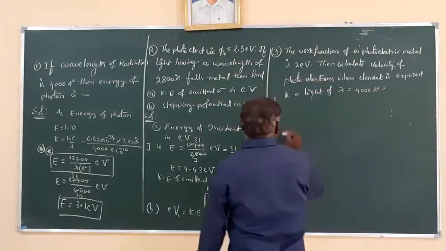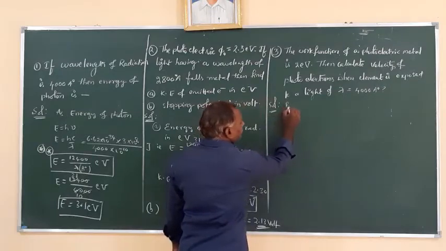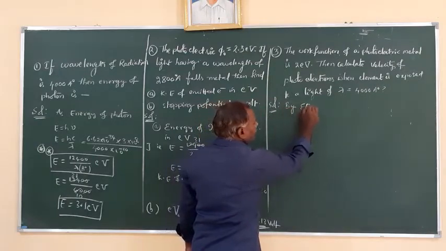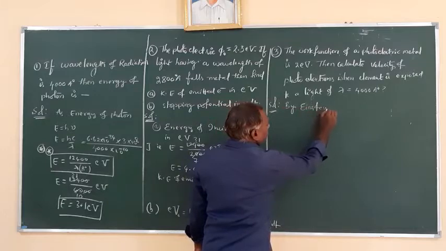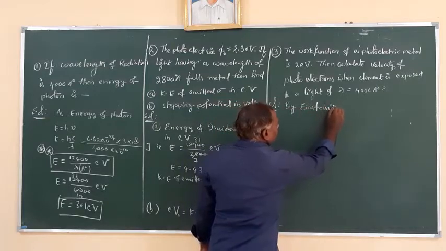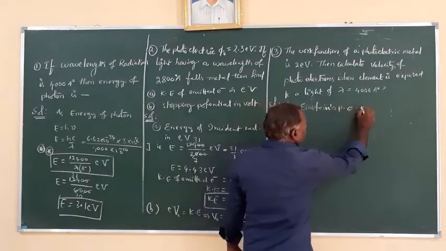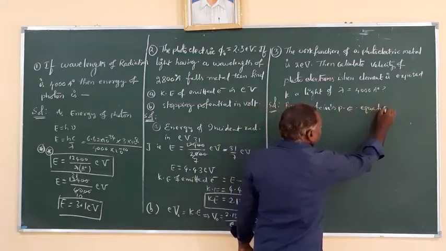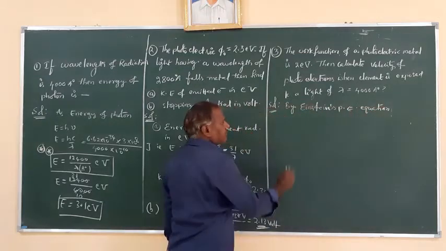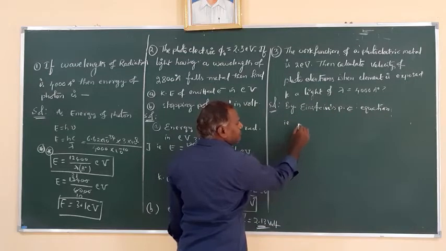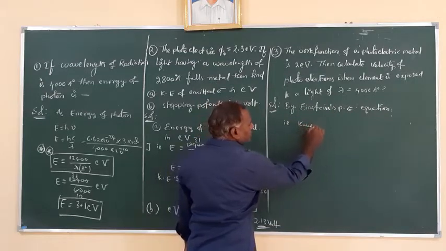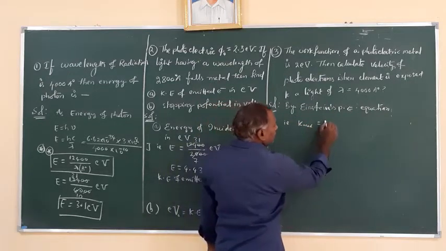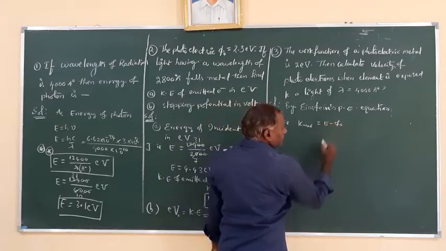So now I am using Einstein's photoelectric equation. K max, the maximum kinetic energy, is equal to E minus phi naught.